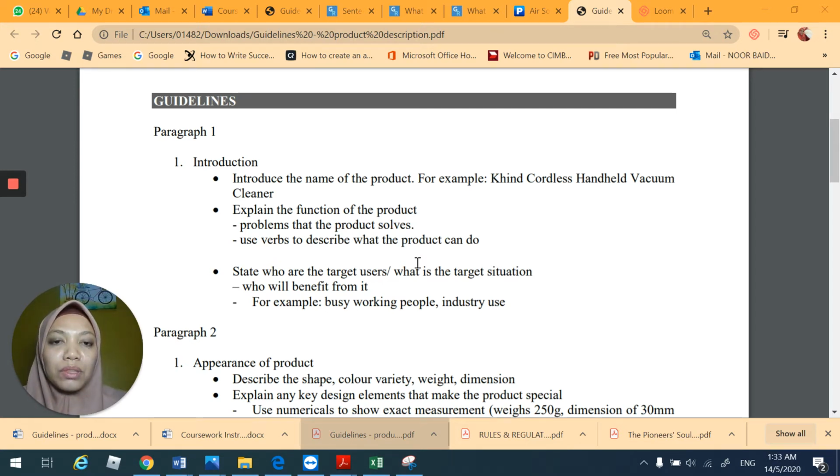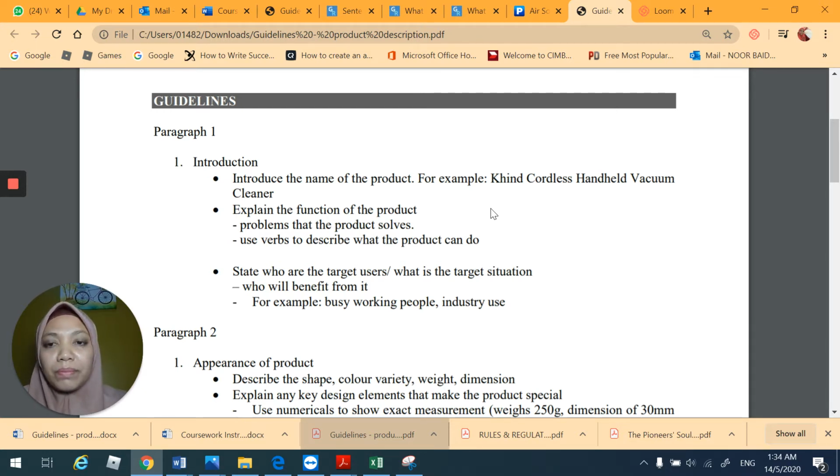Please introduce the brand of your product, meaning that you don't only mention them as a vacuum, but come up with the name of the brand. This one you can just make up, or you can refer to the websites that we have looked at before in class. You can even use real brand names.